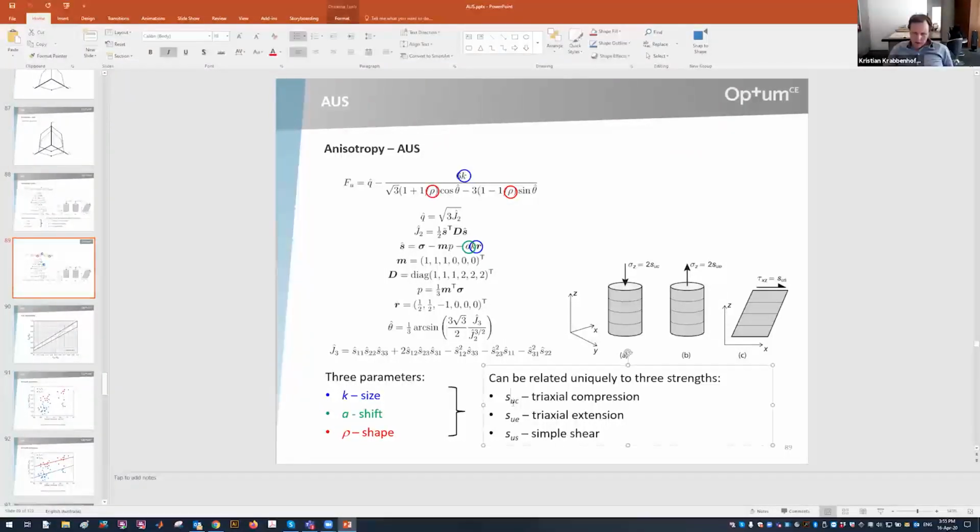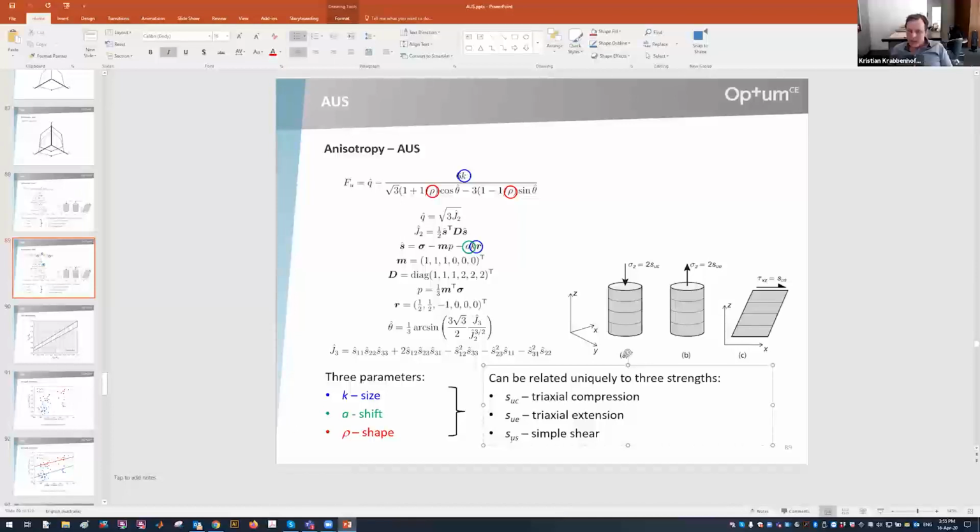The extension and compression will always have to enter into the model, and the fact that these are different doesn't necessarily indicate any amount of anisotropy. But then you enter a simple shear strength as well. The model is constructed so that if anisotropy is necessary to make sense of these three strengths, then the model will be anisotropic. Otherwise, it will remain isotropic.